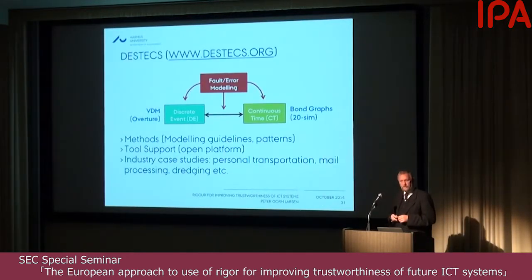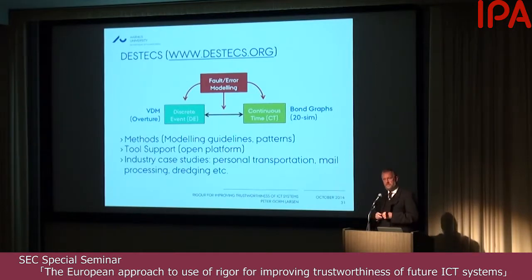This project I'll talk about now is called DESTEX. This was also a project where both Professor Fitzgerald and I took part. The idea is to have a model of a discrete world, typically a controller in a computer, and a model of the physical plant and its environment that is interacting with the controller that we would like to have.